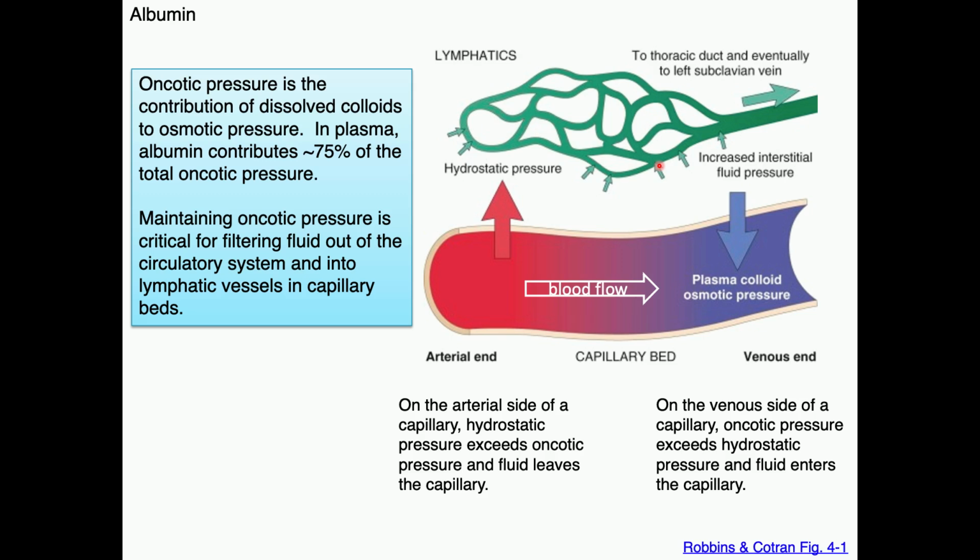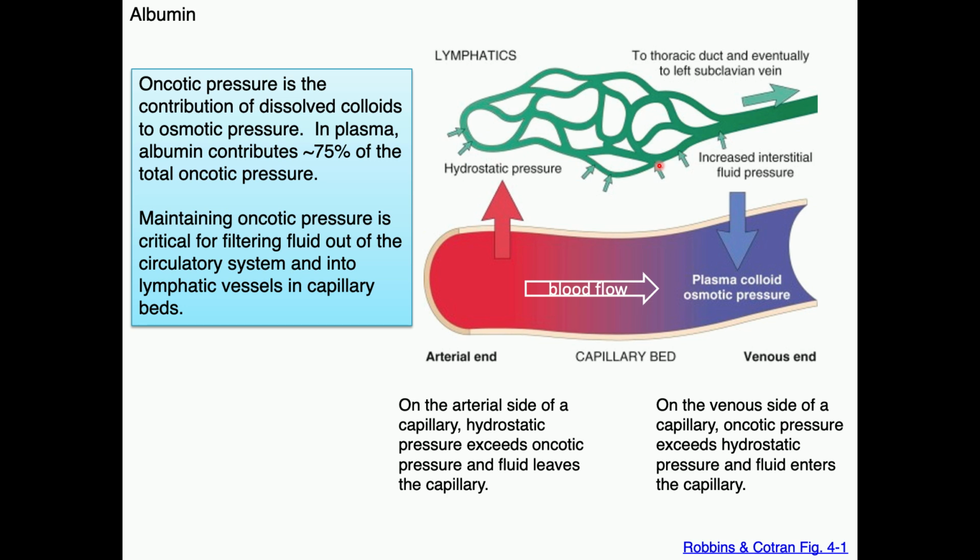Okay, so that hydrostatic pressure that's generated by your heart pumping, that is one or two of the Starling forces that determine how much fluid is going to be leaving the blood vessel. So the Starling forces are the hydrostatic force at the arterial side and the hydrostatic force at the venous end of the capillary are two of the forces.